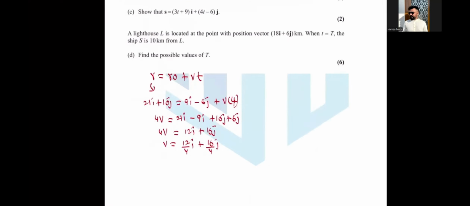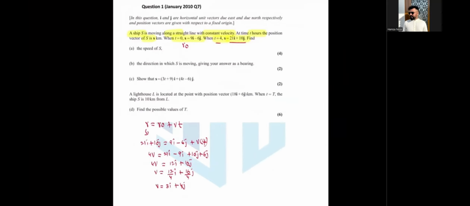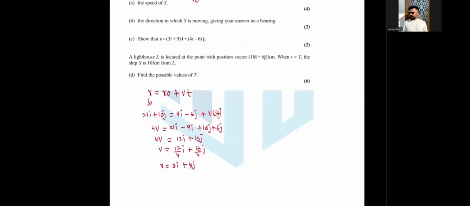This means that the constant velocity vector is 3i plus 4j kilometers per hour, since the time is given in hours and the position vector is given in kilometers. So this velocity vector is 3i plus 4j kilometers per hour.